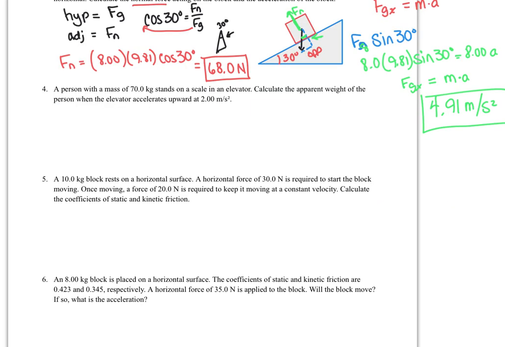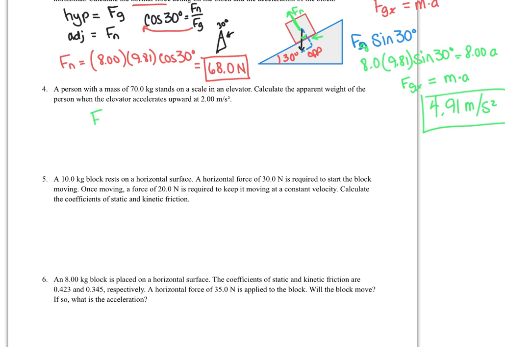Let's look at the next one. A person with a mass of 70 kilograms stands on a scale in an elevator. Calculate the apparent weight of the person when the elevator accelerates upward. Remember, we have two things working against each other. The force is what I'm solving for.